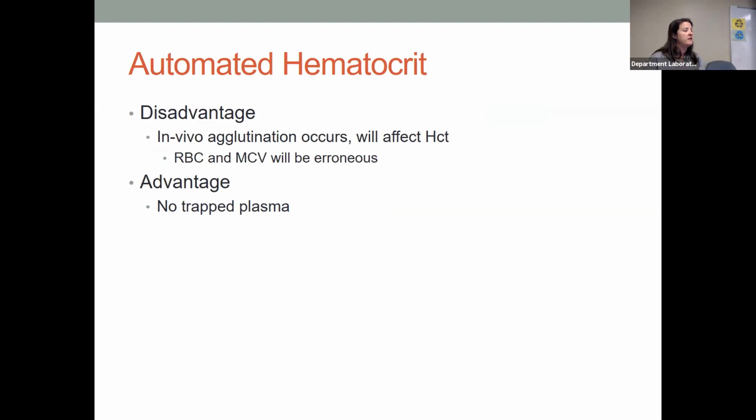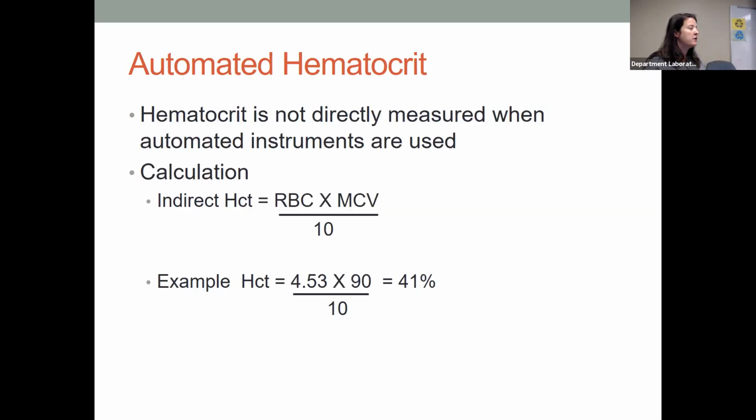What are some disadvantages to that automated hematocrit? Look at your calculation. What are the two values included in that calculation? Does anybody remember what happens in agglutination? What happens to your red cell count? They're clumped together, so your red cell count is going to be falsely decreased. What about your MCV?